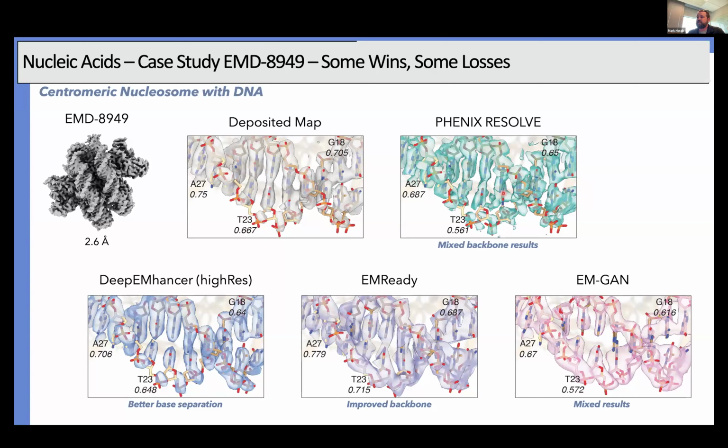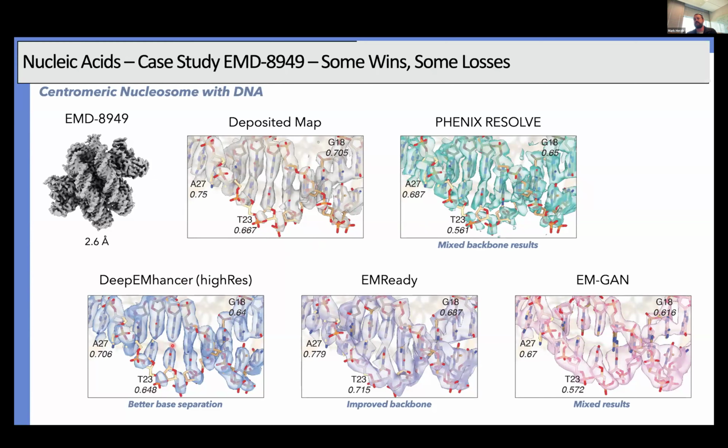Now, Phoenix Resolve had mixed results where the bases were improved. The backbone of the nucleic acid that's adjacent to the protein was quite improved compared to the reference deposited map, but at the periphery, things got quite worse for some reason. DeepEMhancer had better base separation, but then the backbone wasn't as improved.